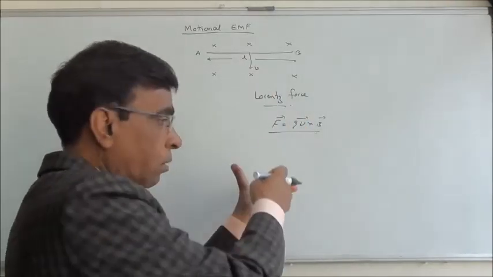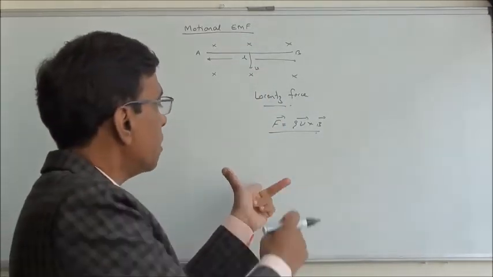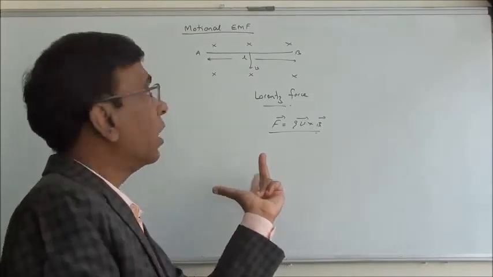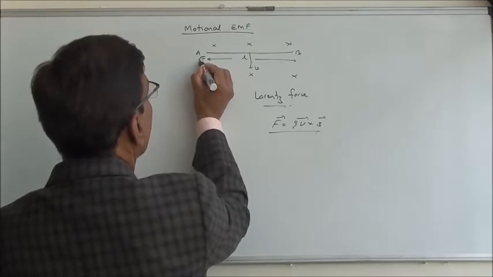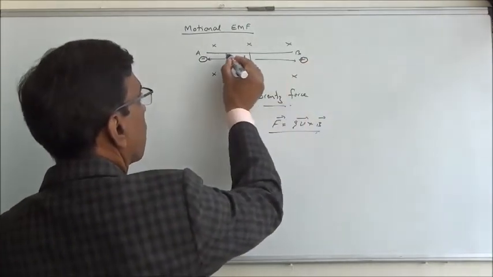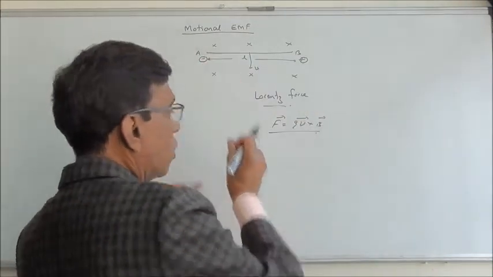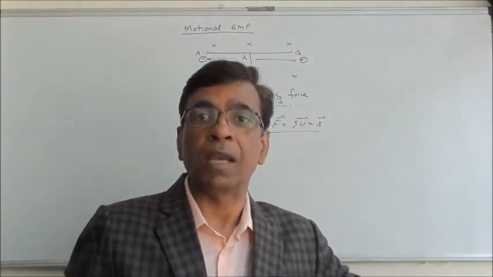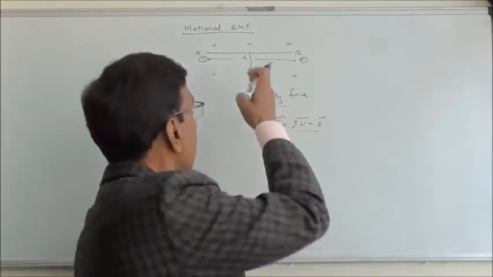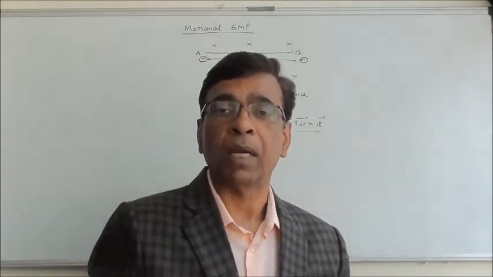So if electrons are moving downward because of the movement of the rod, this is to be kept upward. This is the direction of force on electron. It means this end becomes negative and this end becomes positive. Electrons are coming in this direction. Due to this motion of electrons towards A, when the rod is moving downward, the electrons are getting collected at this end A because of the force on these charged particles due to the magnetic field.